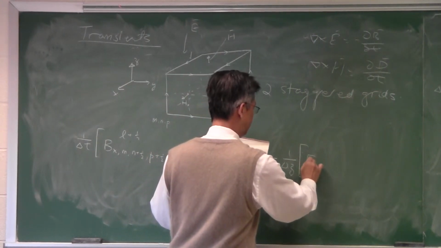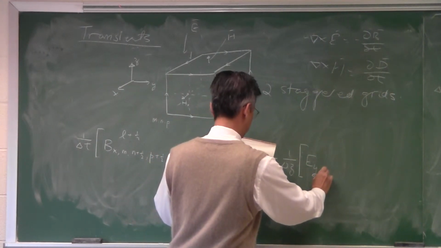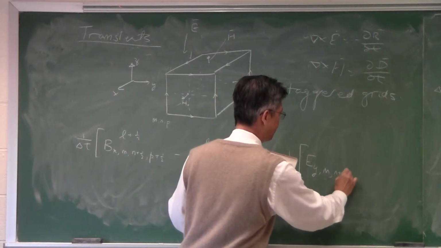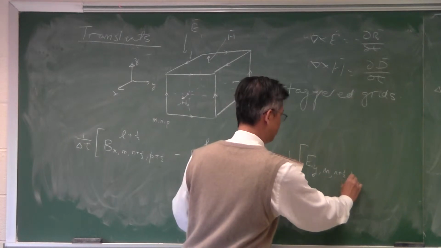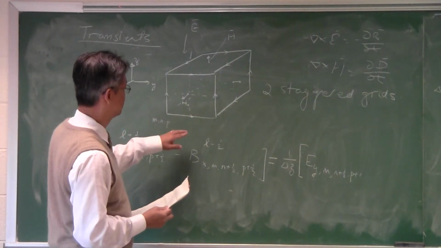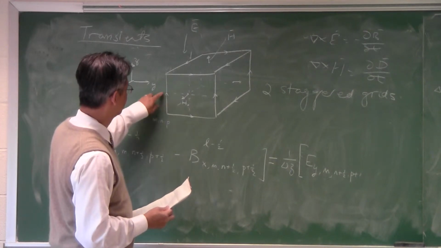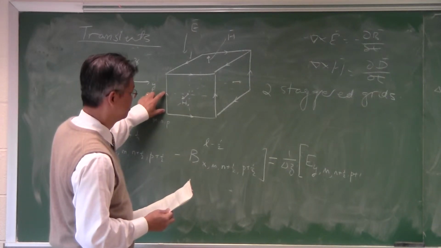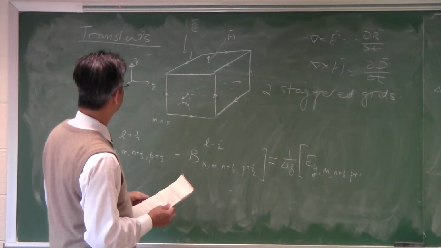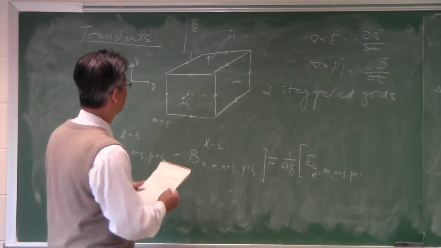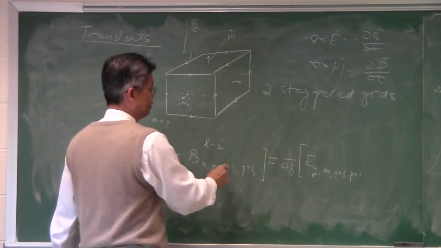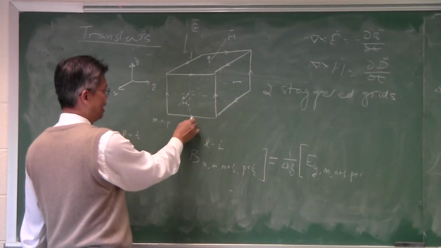You will get E_y m, so you change in the y direction. So it's n plus half, p plus 1, because this is at the half. Let me see. This is E_y, E_y is this one over here. So the difference between these two. So this is n plus half.